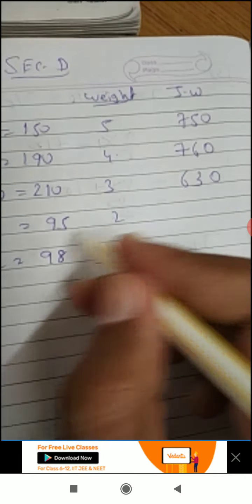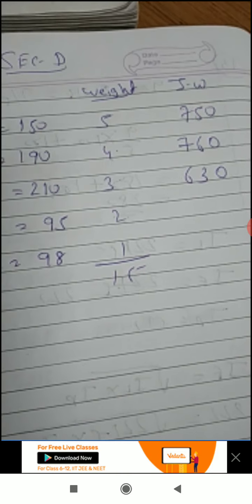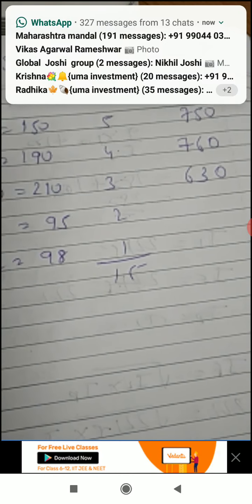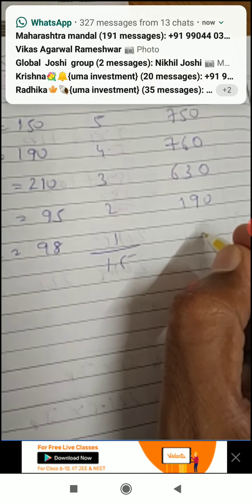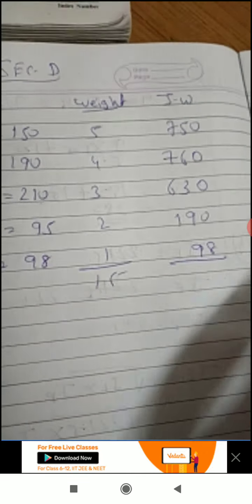Now 95 into 2 is 190 here. Next is 98. Now you have to find the sum of IW: 750 plus 760 plus 630 plus 190 plus 98.